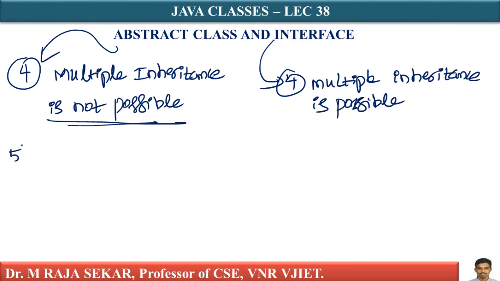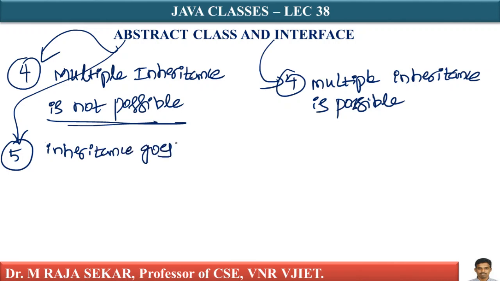Let me say my fifth difference. In an abstract class, inheritance goes with the extends keyword. What about interfaces?